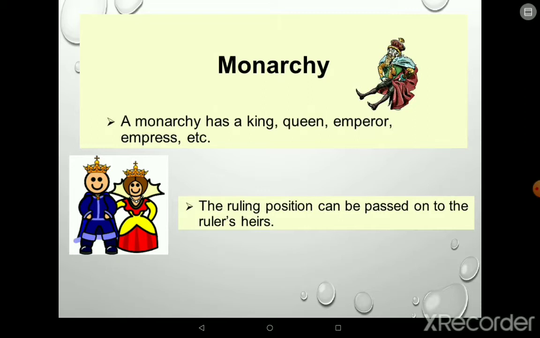The biggest disadvantage of this system is that the people have no right to choose their ruler. Like in a democracy, people choose their own representatives to form a government, but in a monarchy it is totally opposite. People do not have any right to choose their own representative or the government.